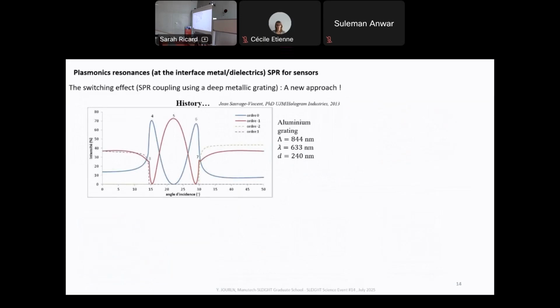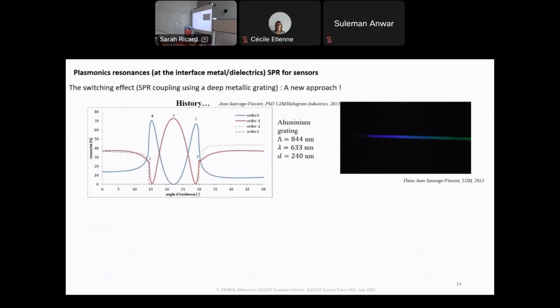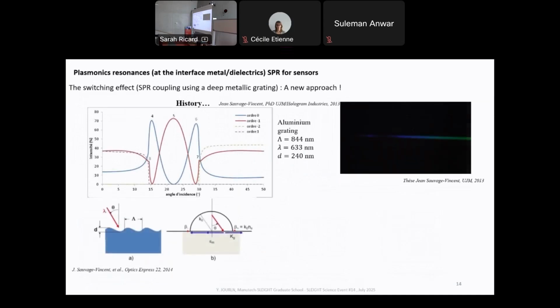Here I would like to introduce our approach, which is, I would say, slightly different from the state of the art. We use diffraction gratings for sensing, and this phenomenon, which we call the switching effect, was discovered or seen during a PhD thesis more than 10 years ago.